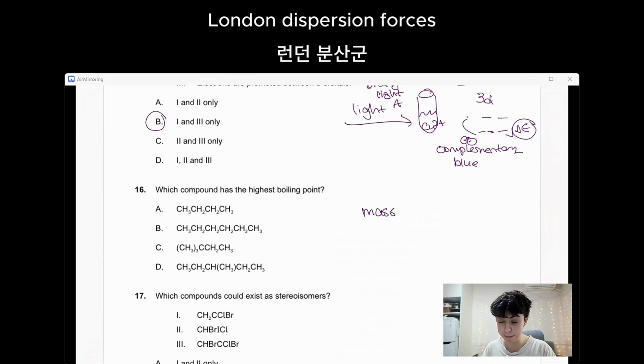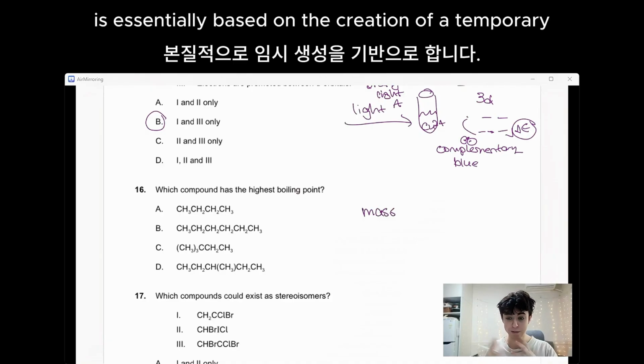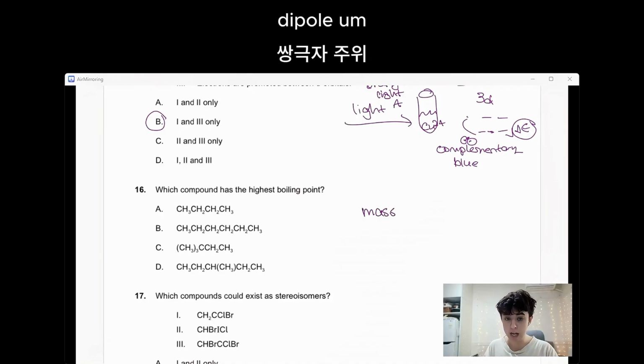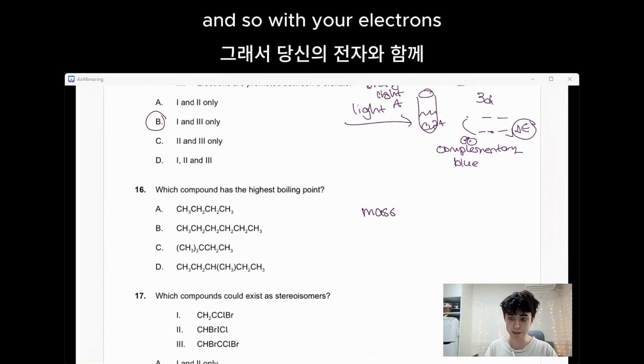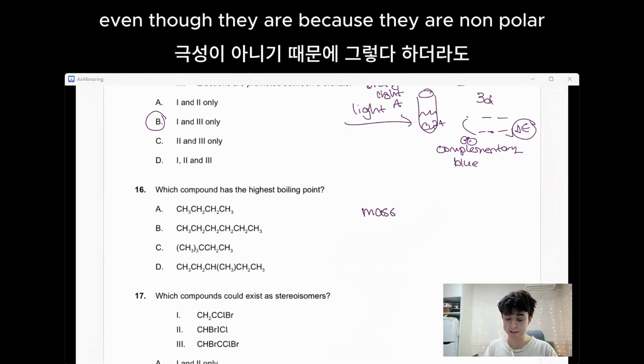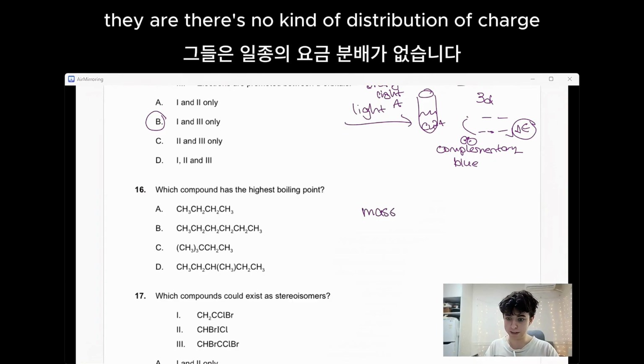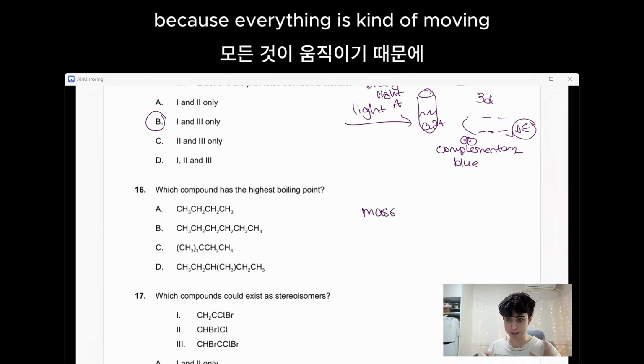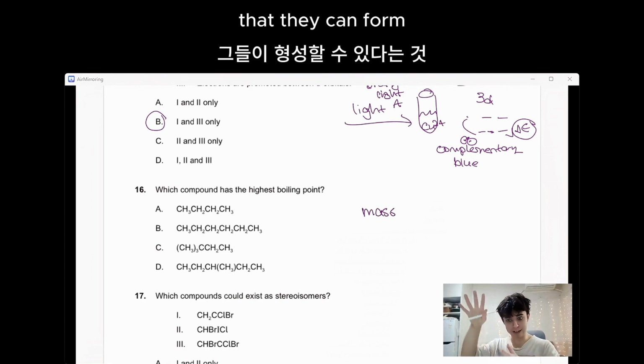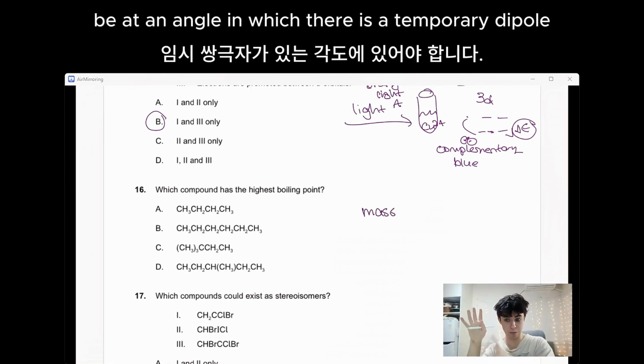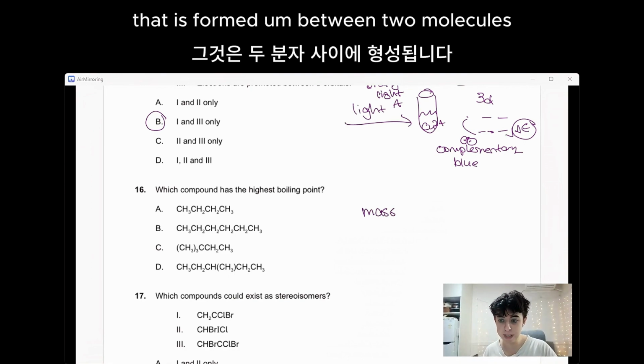London dispersion forces are essentially based on the creation of a temporary dipole. Even though the electrons are nonpolar, with no kind of distribution of charge, because everything is moving, they can be at an angle in which a temporary dipole is formed between two molecules.